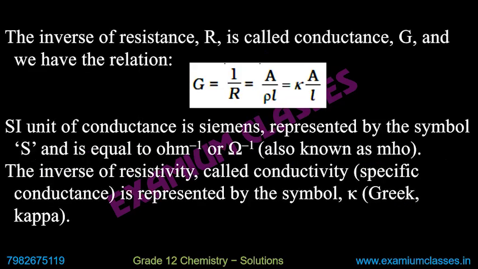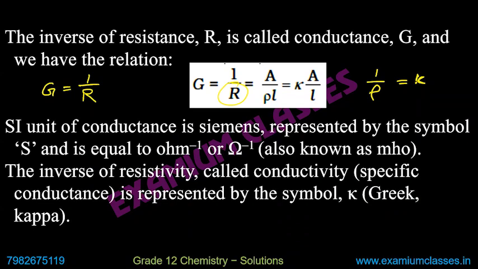The inverse of resistance is called conductance. Conductance is denoted by G and it is given by the inverse of resistance, 1 by R. R we know is rho L by A, which we have substituted here. 1 by rho has been given another name, a constant kappa, the Greek letter kappa.